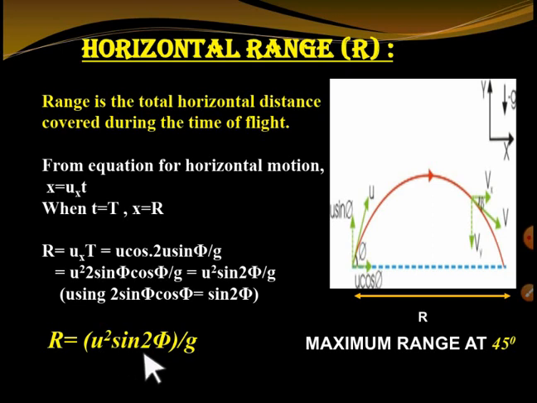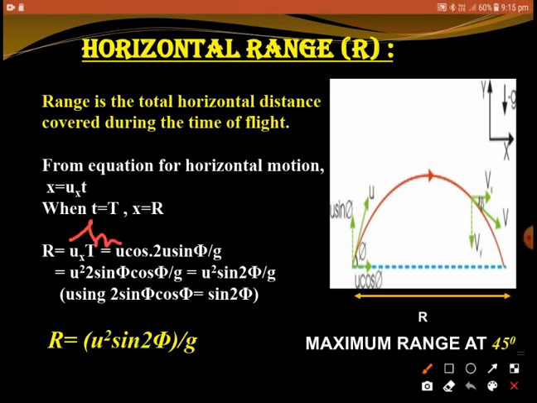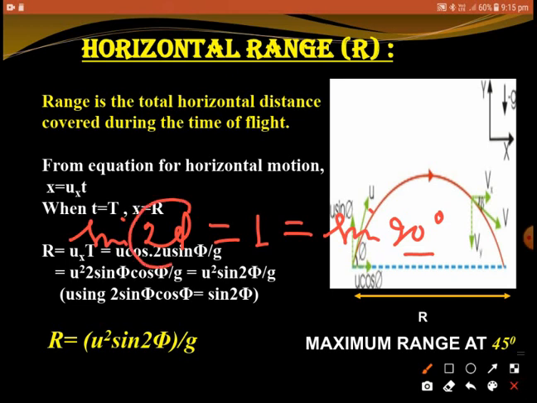So sine of twice phi is maximum when this value is equal to 1, and this will happen when it is sine of 90 degree. So this 90 degree must be equal to this, only then it will give you 1.